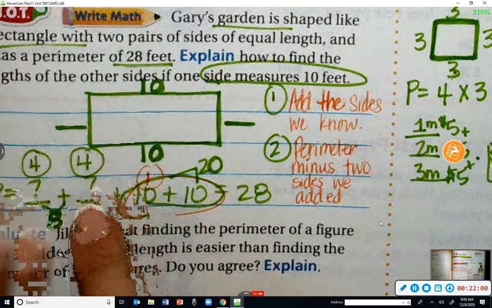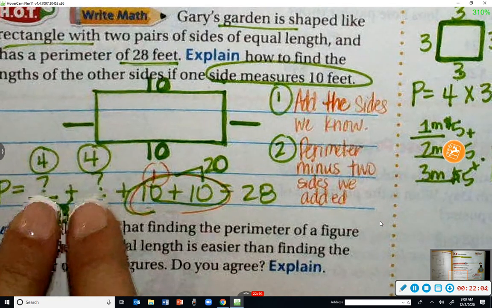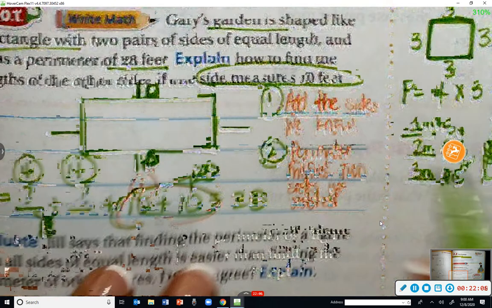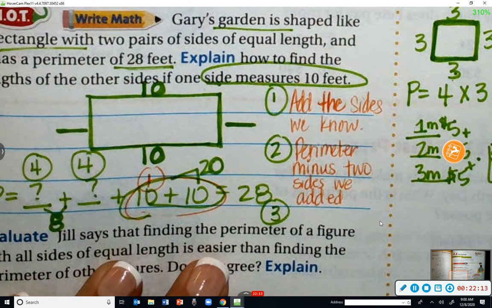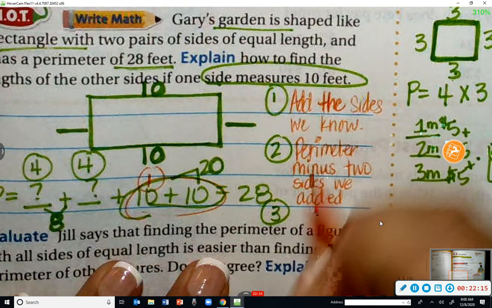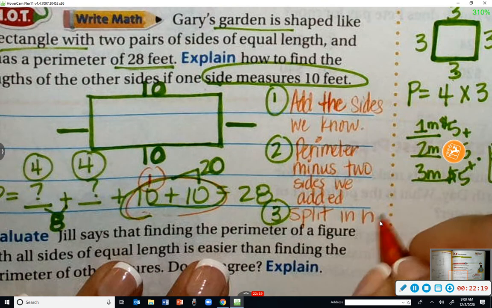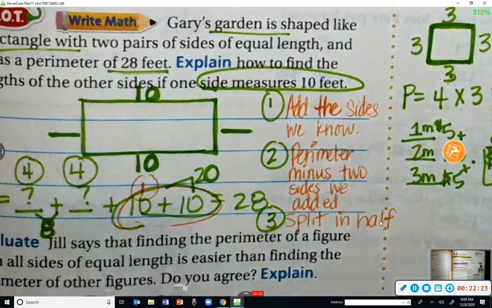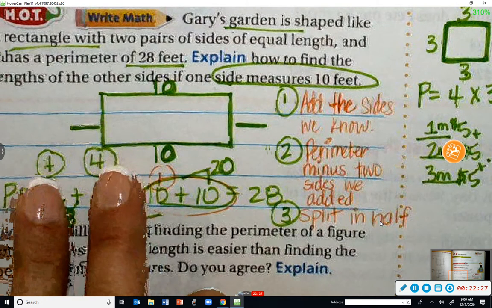No, multiplied. We didn't add to the 8, but we did what, Evangeline? Split it apart. There you go. So we take that answer and we split it apart or split it in half. We had to split it in half because there were 2 sides.